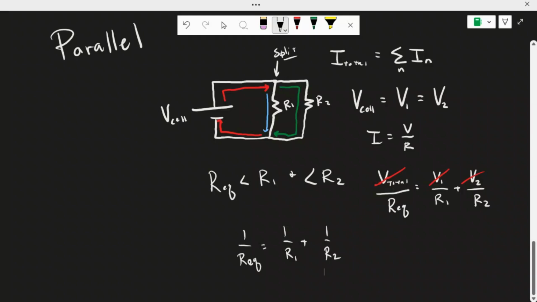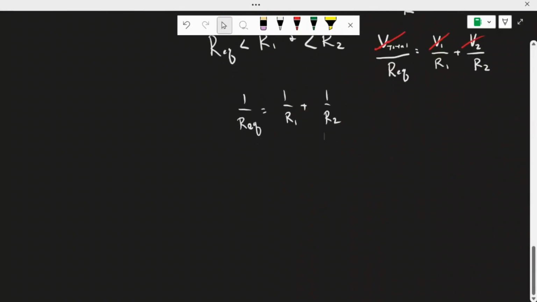So for a second, let's add some numbers in here. We're going to say that R1 is equal to 4 ohms. Now, ohm is the SI unit for resistance. Okay, so that's the SI unit for resistance. So R2 then we'll say is also 4 ohms.